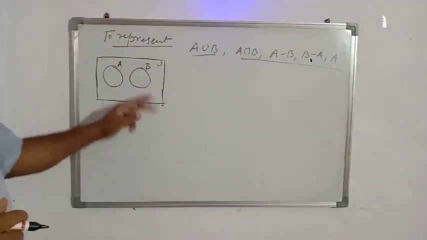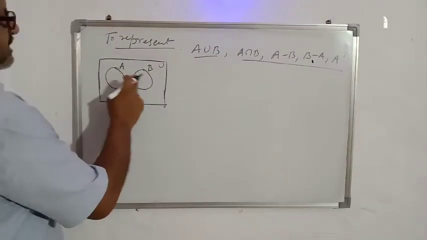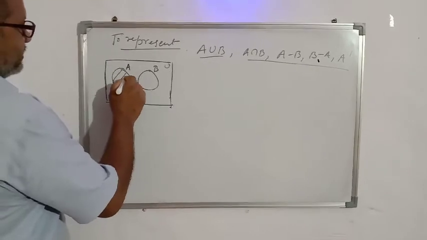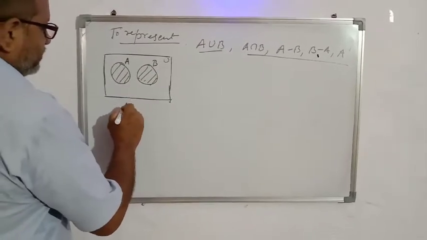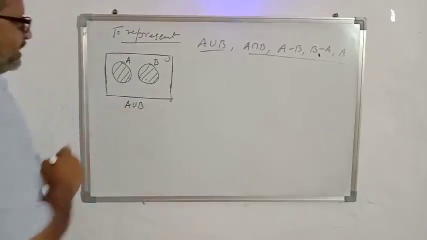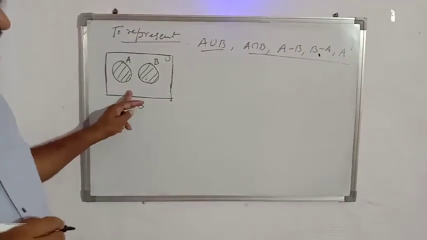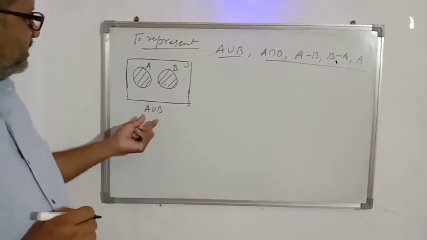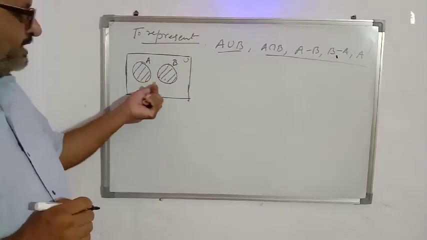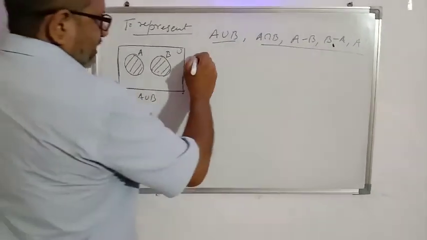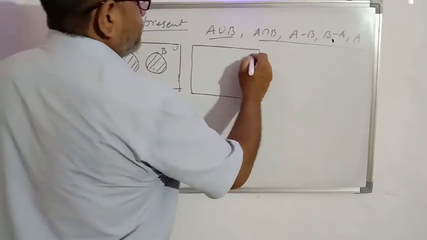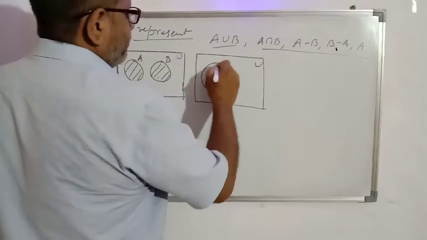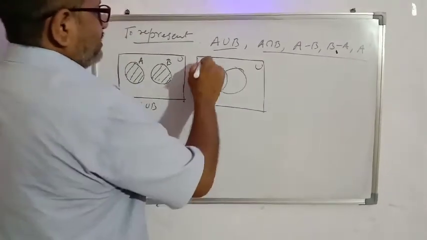If both the sets are disjoint, we have to make two separate circles. So this will be A union B. If both the sets are disjoint sets, meaning nothing is common in both, then A union B can be represented like this. But if both are overlapping sets, we will make two intersecting circles like this.